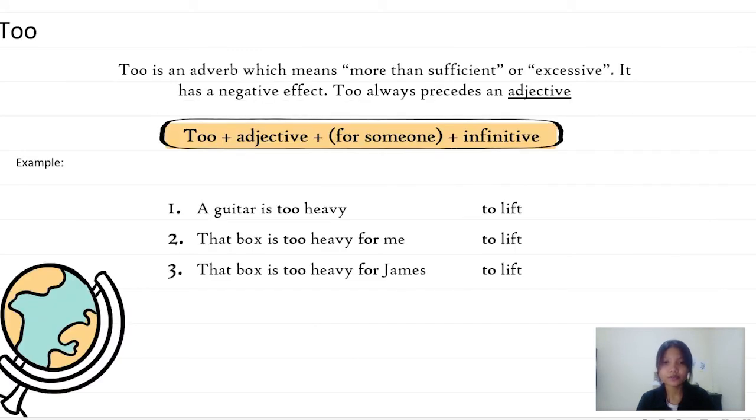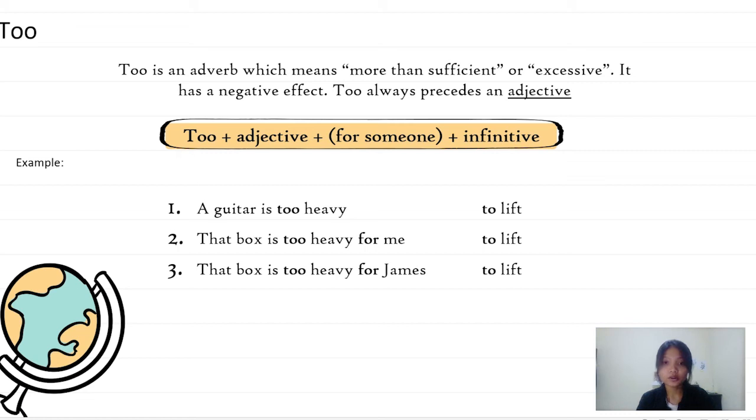Let's start with the first word, too. Infinitives often follow expressions with too. Too is an adverb which means more than sufficient or excessive. It has a negative effect. Too comes in front of an adjective.